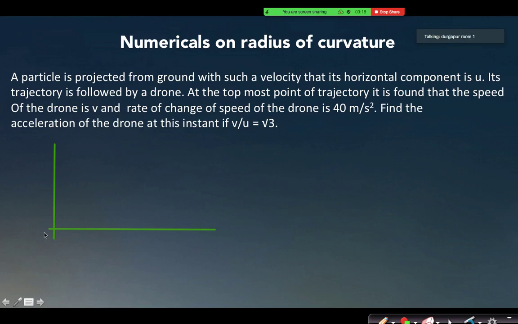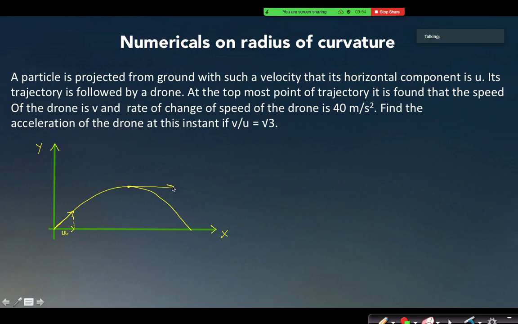Let us try to understand that if I project a particle, the particle will follow this path, right? That is a projectile motion. This is the x-axis, this is the y-axis, and if I project with some velocity such that its horizontal component of the velocity is u, just tell me, what can I say about the radius of curvature at its topmost point?